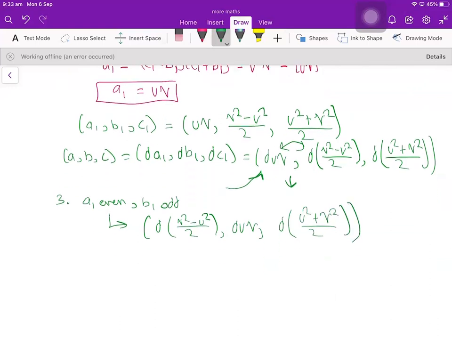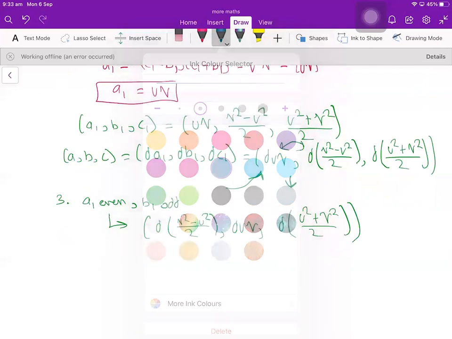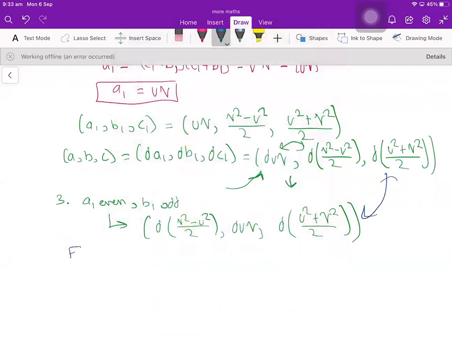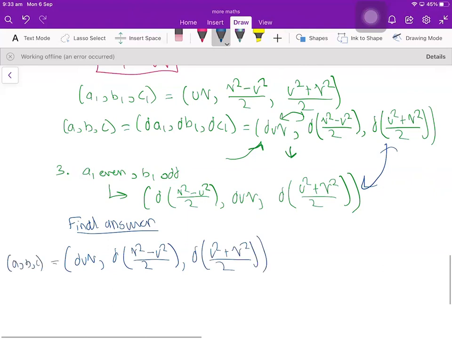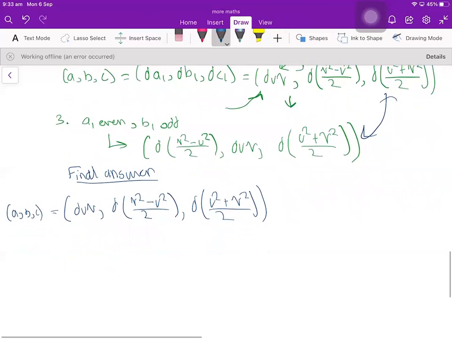Okay, so our final answer, by combining these two cases: we have two possible classes of triples that work. This is the first triple that works, and the second triple is where A and B are switched around.